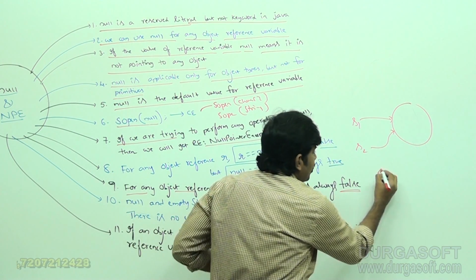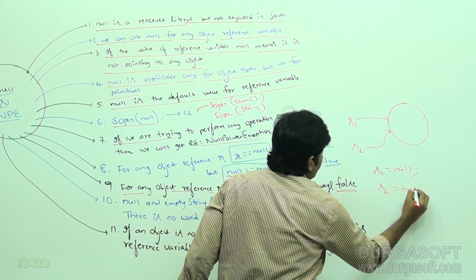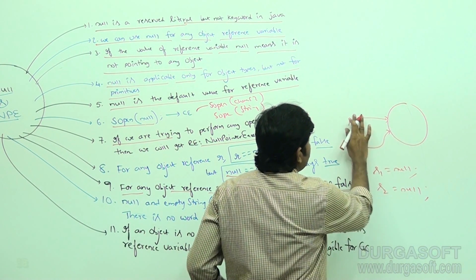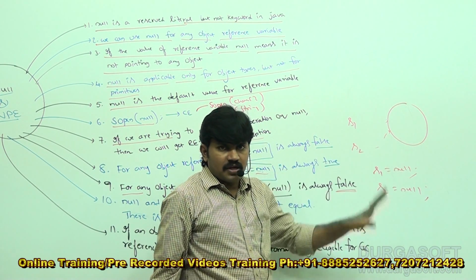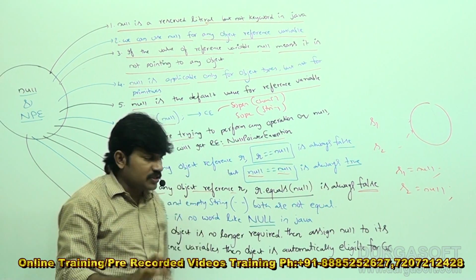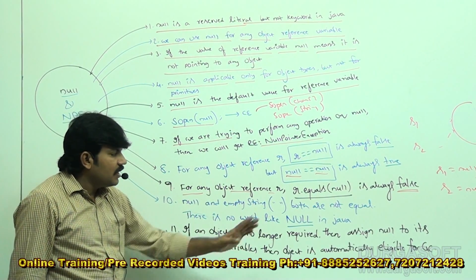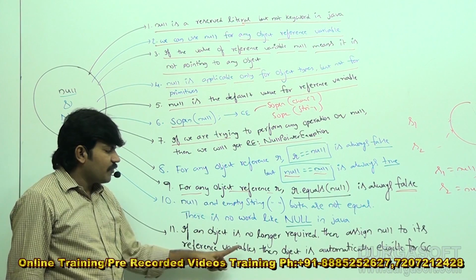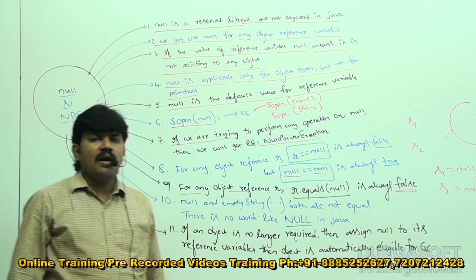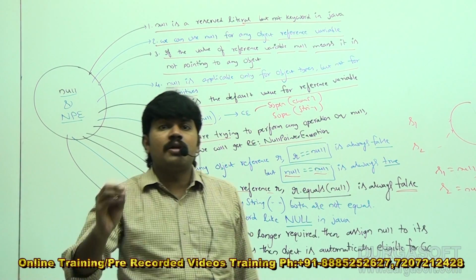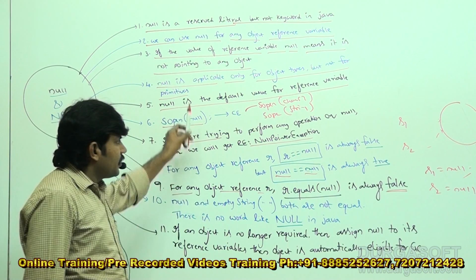If you assign S1 is equal to null and S2 is equal to null, automatically these links will be gone, and this object becomes eligible for garbage collection. I hope everyone can understand. If an object is no longer required, assign null to its reference variables, then the object is automatically eligible for GC. That's all. These are the many important loopholes about null and null pointer exception.